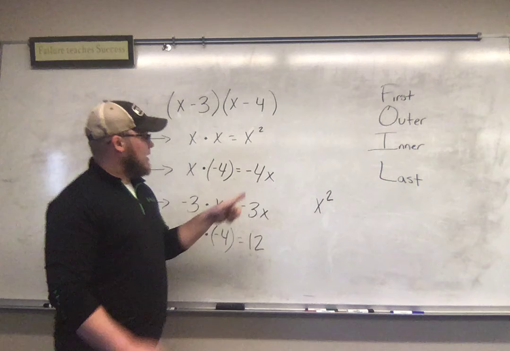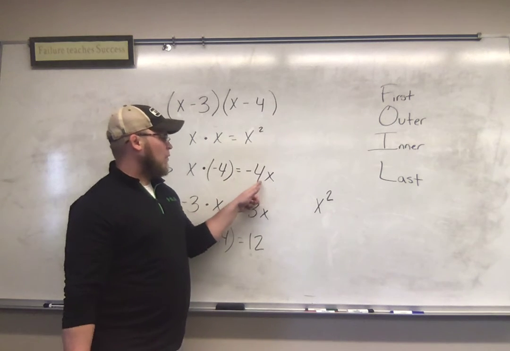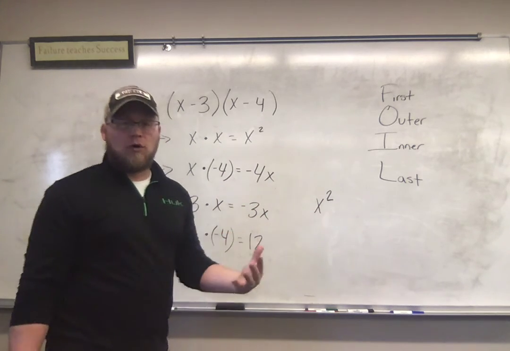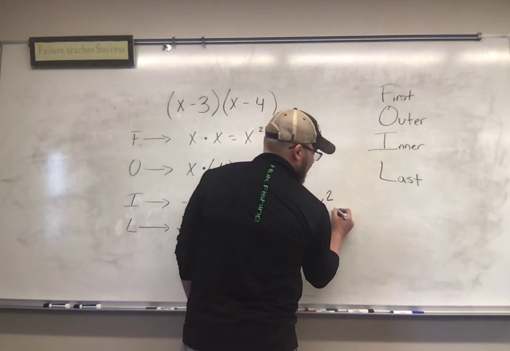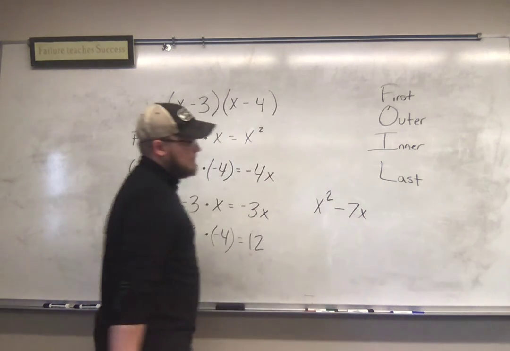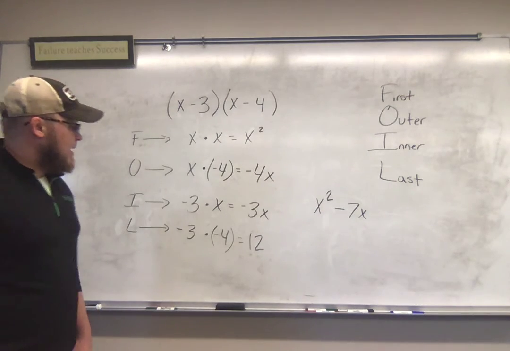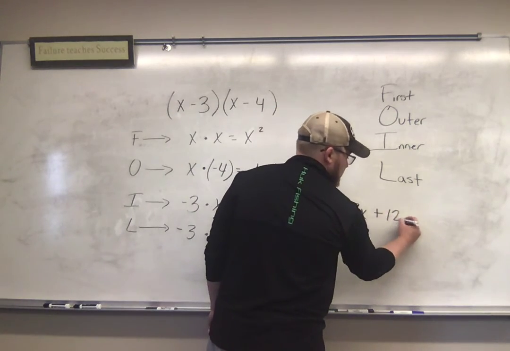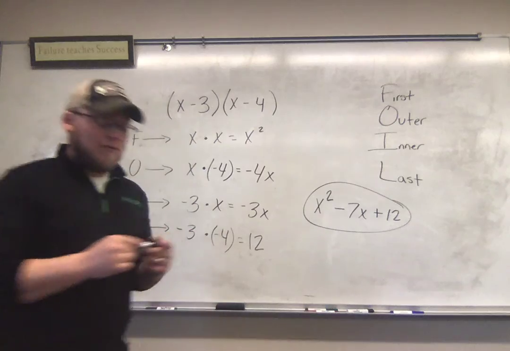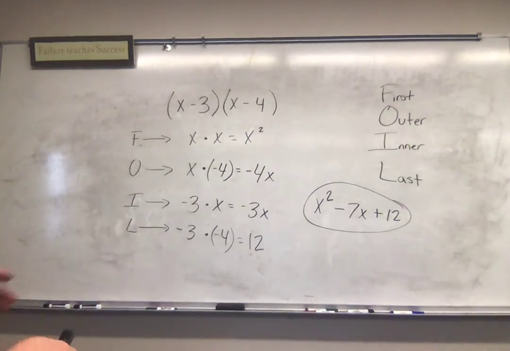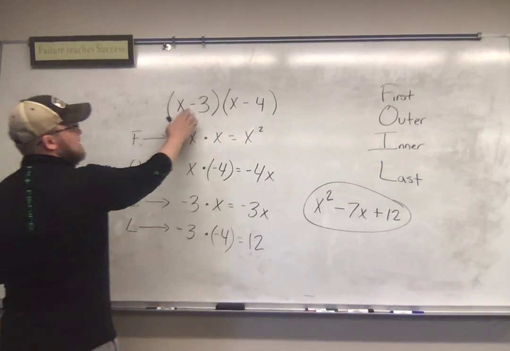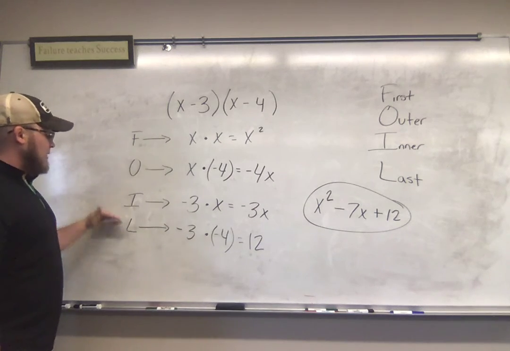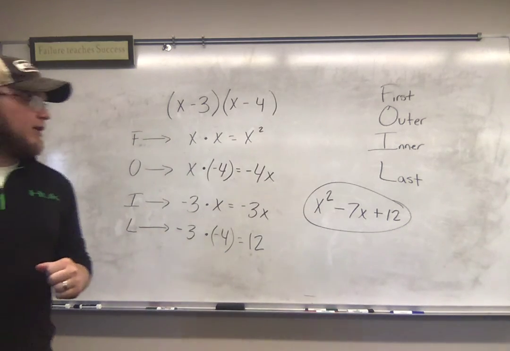We lost 4 x's, and we end up losing 3 more x's for a total loss of minus 7x. That's how you would write that. And then the last part, this is a positive number, and it's a 12, so you write plus 12. And that would be your final answer of expanding x minus 3 times x minus 4. Again, use the FOIL method, first, outer, inner, last, and that should set you on track.